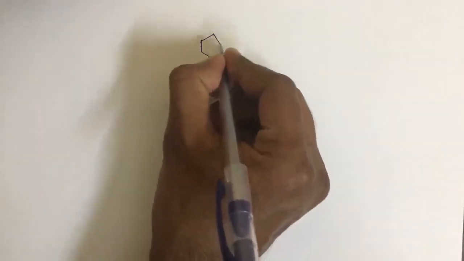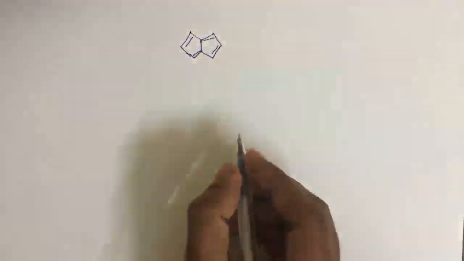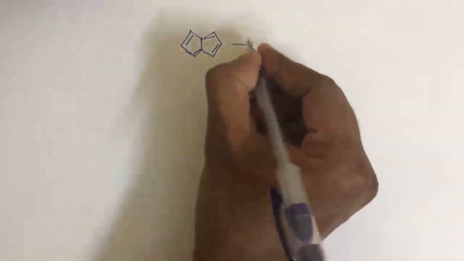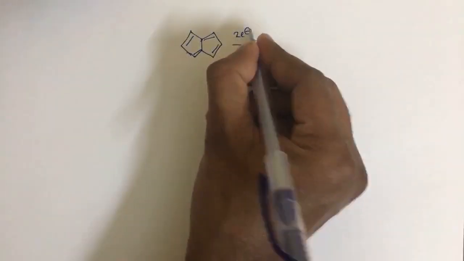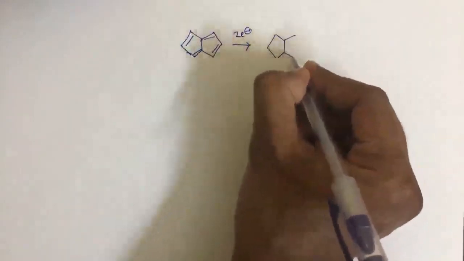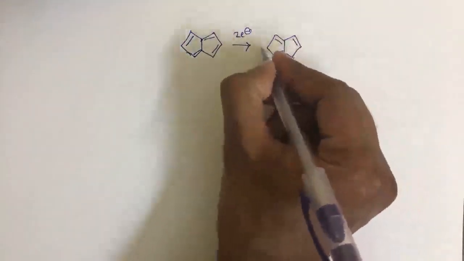And there are some examples. This system is anti-aromatic. If we give 2 electrons to this, it gets converted into this.